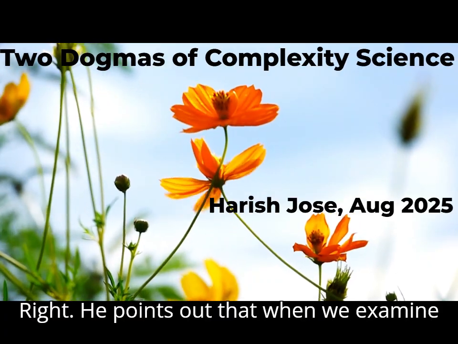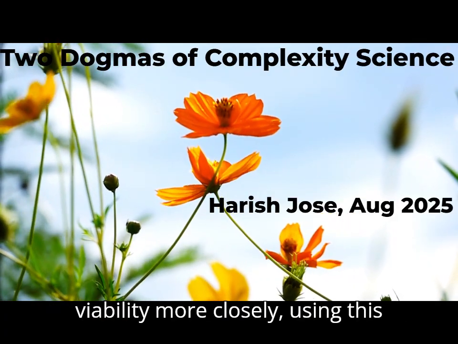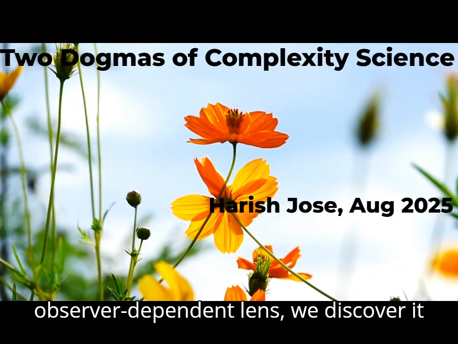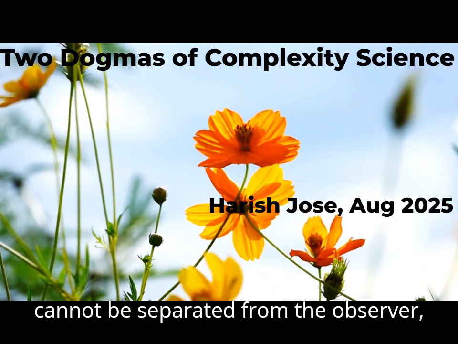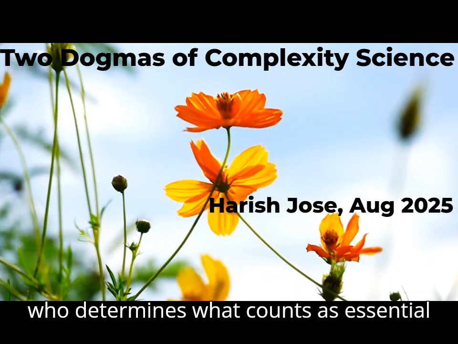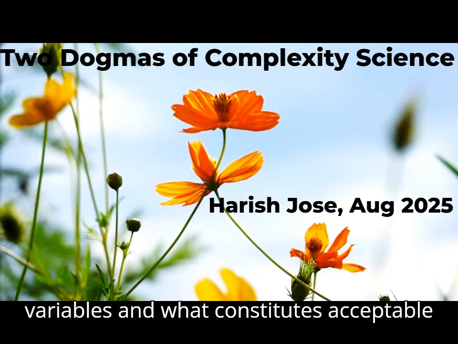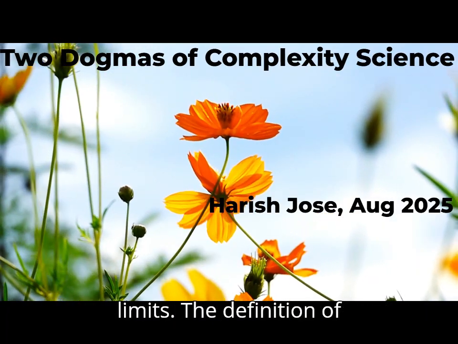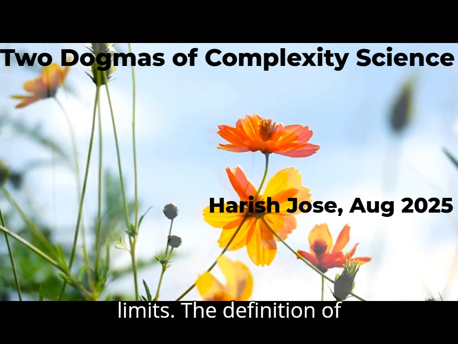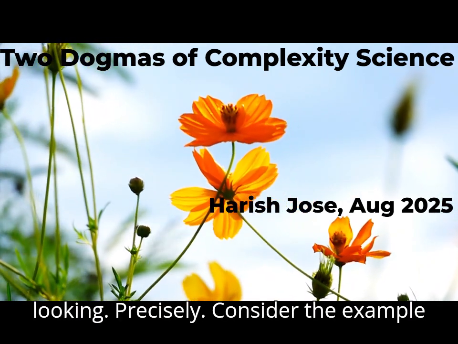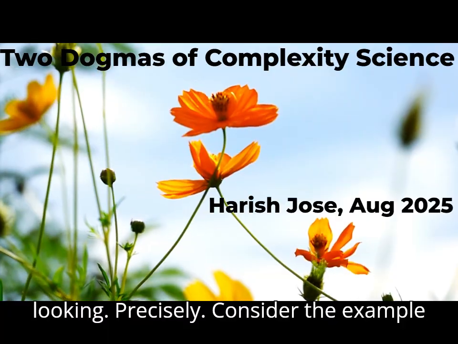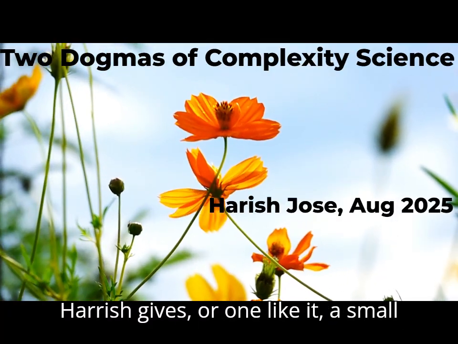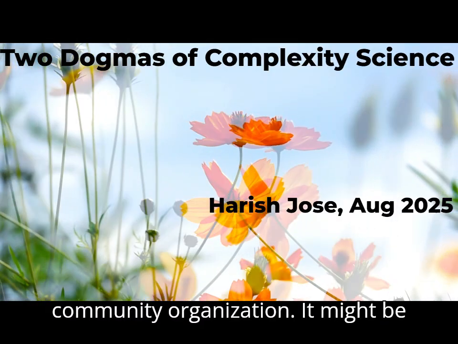Right. He points out that when we examine viability more closely, using this observer-dependent lens, we discover it cannot be separated from the observer, who determines what counts as essential variables and what constitutes acceptable limits. The definition of viability itself depends on who's looking. Precisely. Consider the example Harish gives, or one like it, a small community organization.